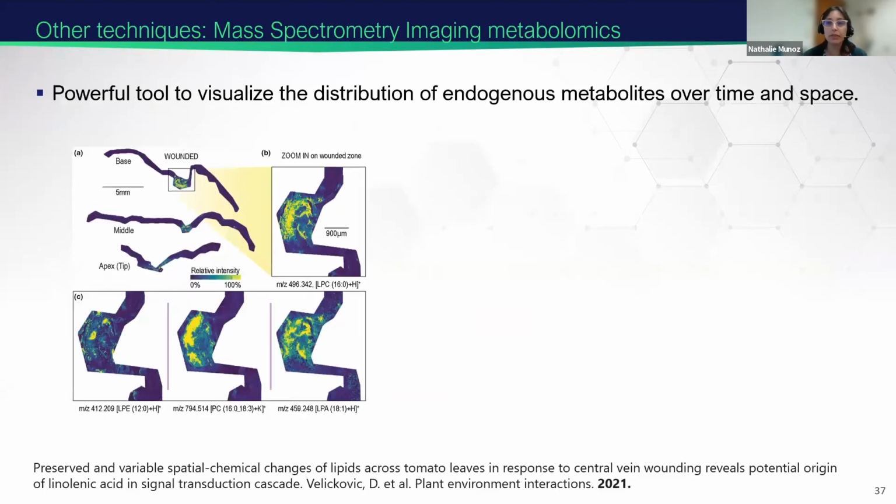I'll go briefly over this because I know I'm running out of time. This is an example of a recent paper published by Dushan here in the lab, and they used spatial lipidomic experiments to track lipid changes that occur locally at the site of leaf injury.